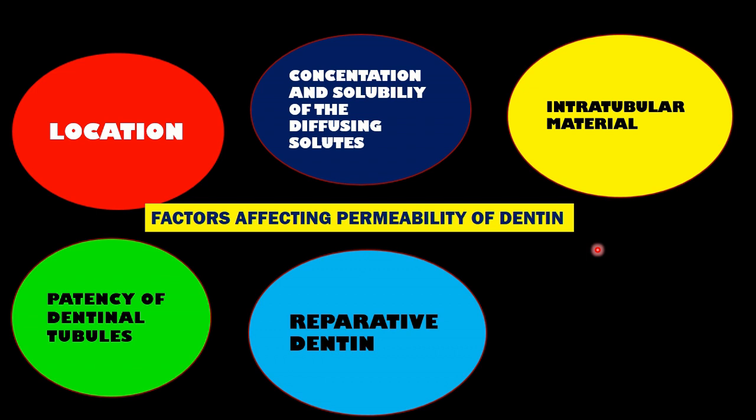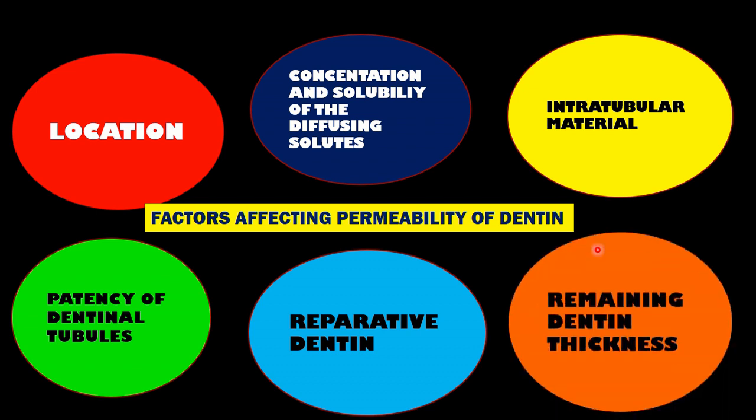And the next factor is the reparative dentin. In cases wherever we have reparative dentin formed previously, the response of the pulp is less. Probably this is so because it reduces the penetration of the solute toward the pulp. The last but not the least is the remaining dentin thickness. As the length of the tubule increases, the concentration of the solute reaching the pulp decreases.